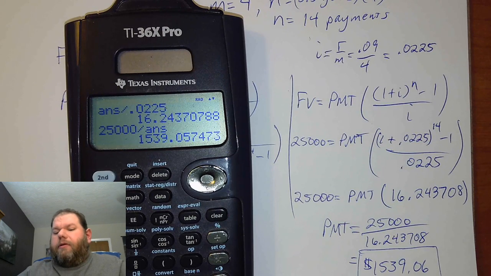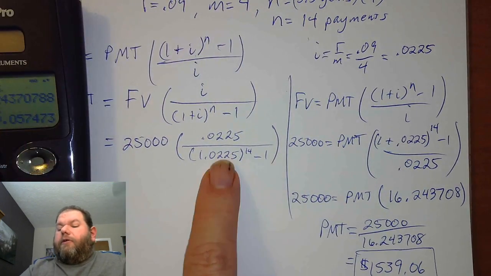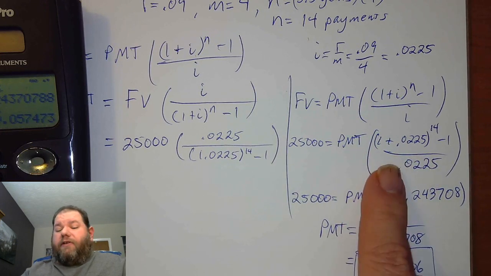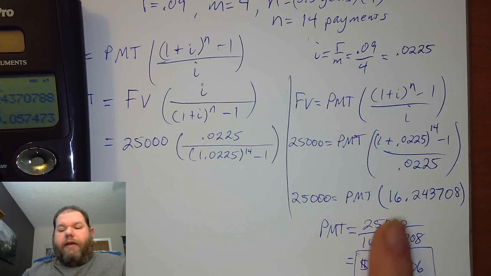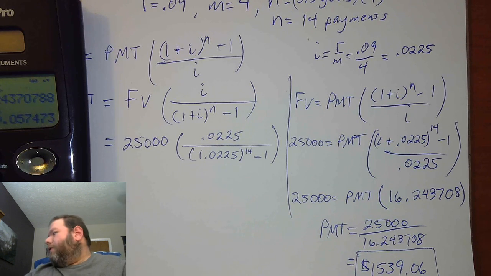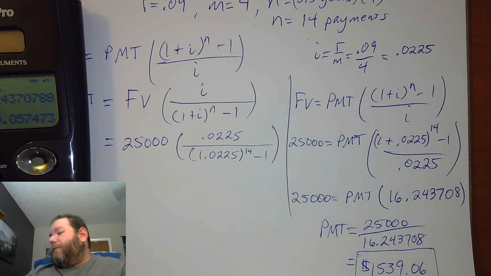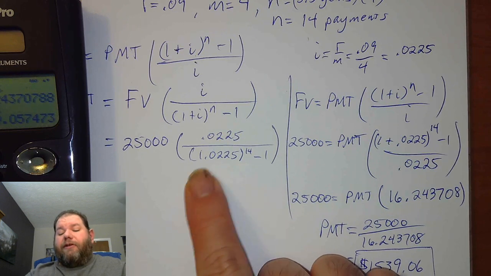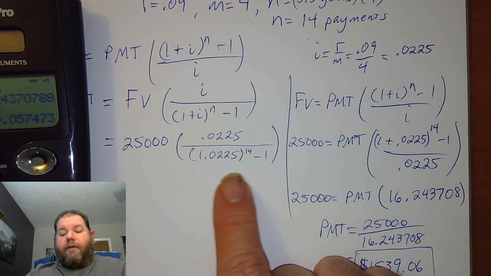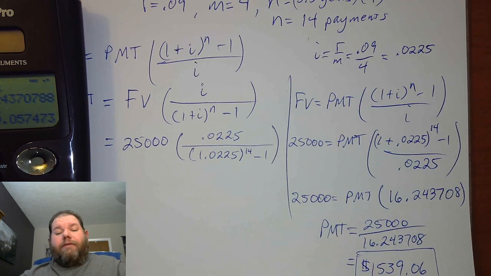Good, good. And I said you could do it this way or this way. You might actually find this way easier, so if you wanted to do that, that's fine. From a calculator standpoint, this is a lot easier than this, personally speaking. When more complicated terms are in the denominator like this, we actually have to use a lot of parentheses to do that properly in the calculator.